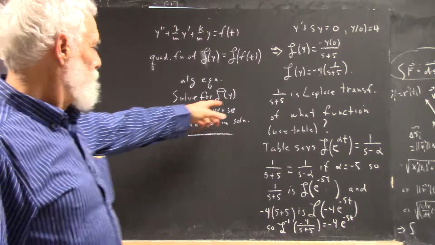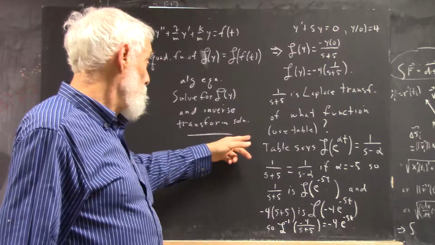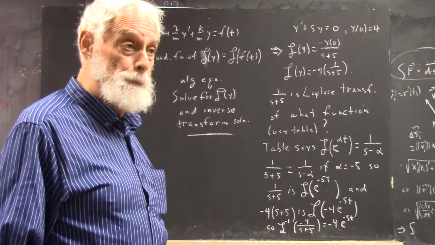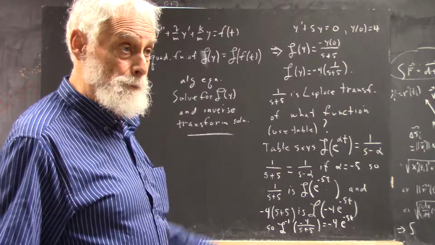We can do the algebra and solve for L of y. We inverse transform it, we get the solution to the equation, as we did over here in this very simple example.